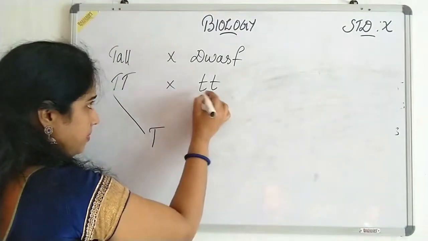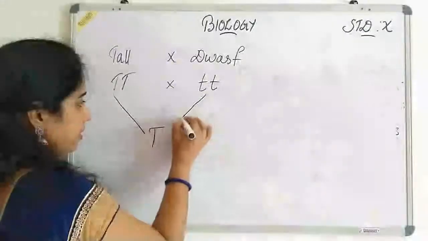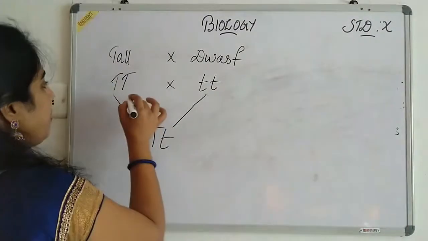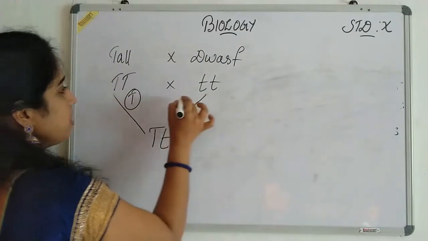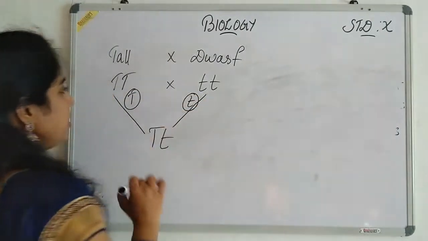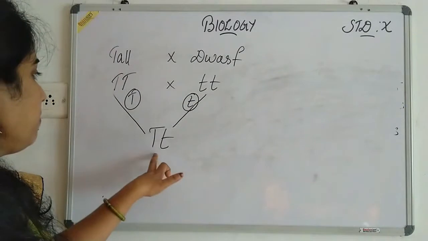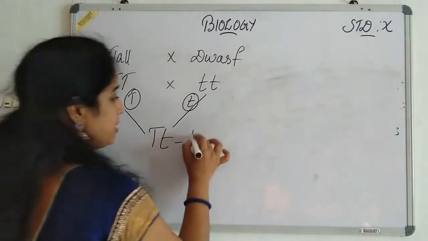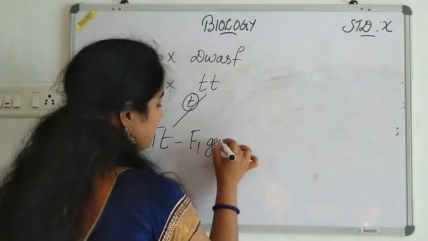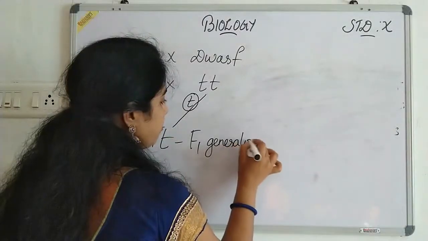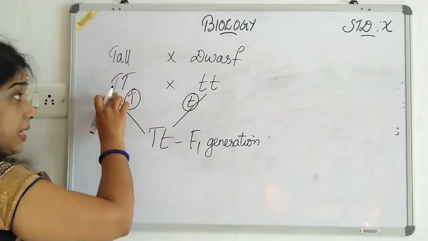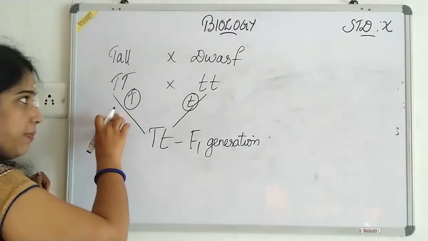Separation is there, then the other T. You know the gamete formation, T here, T here. So this T will move here and this small t will move here. So this is the first F1 generation or first filial generation.